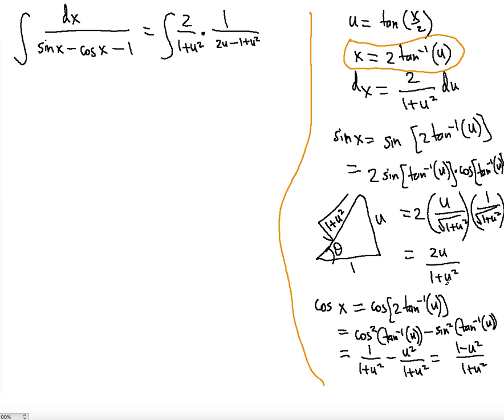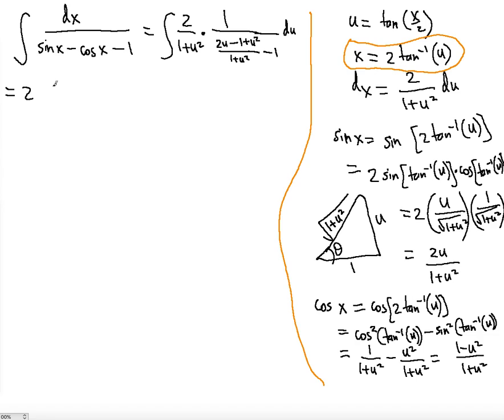Because both the sine and cosine are divided by the same denominator, I combine these two together. And then minus 1. Don't forget there's a minus 1 there, this whole thing minus 1 in the end, du.